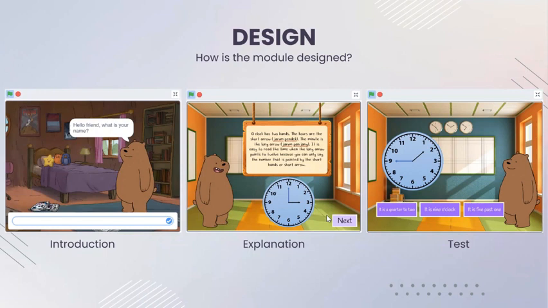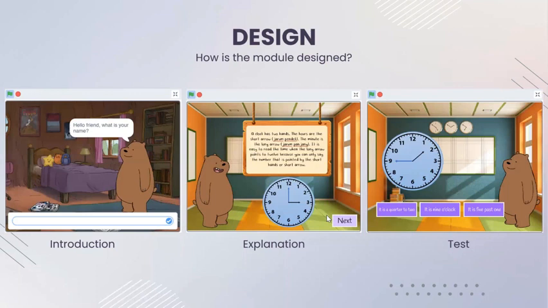Next, in the explanation part, the Grizzly bear, the character here, will provide the students with a brief explanation on how to read and tell the time in English. Actually, in the introduction part, there will be a question that asks the students if they are already familiar with how to tell the time. They will have some options. If they already understand, they won't get an explanation.